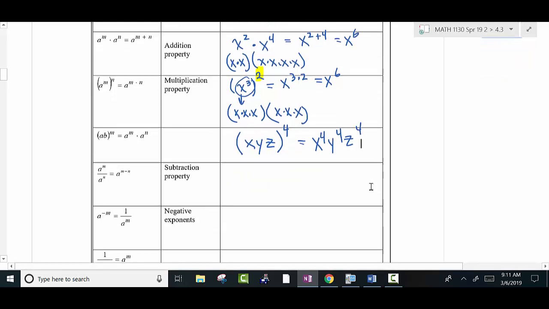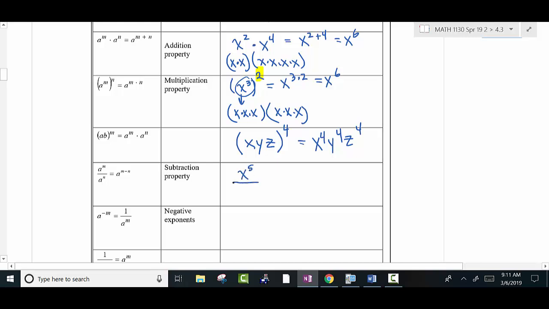The other thing I want to review real quick is the negative exponent idea and the subtraction property. This is how we logically figured out that negative exponents made sense, out of this subtraction property. I'll give you a simple example.